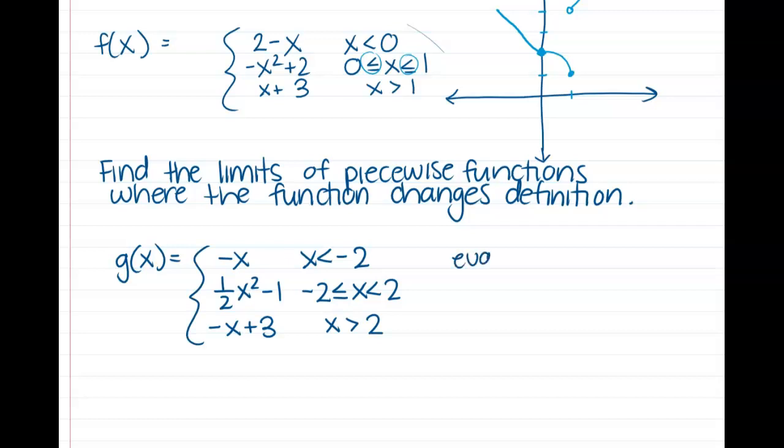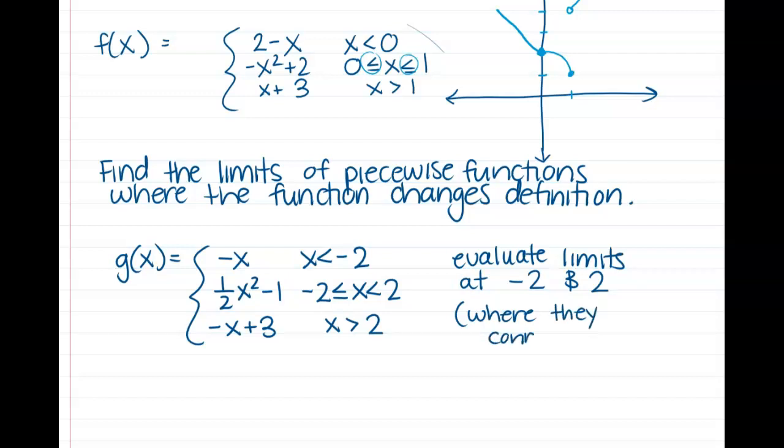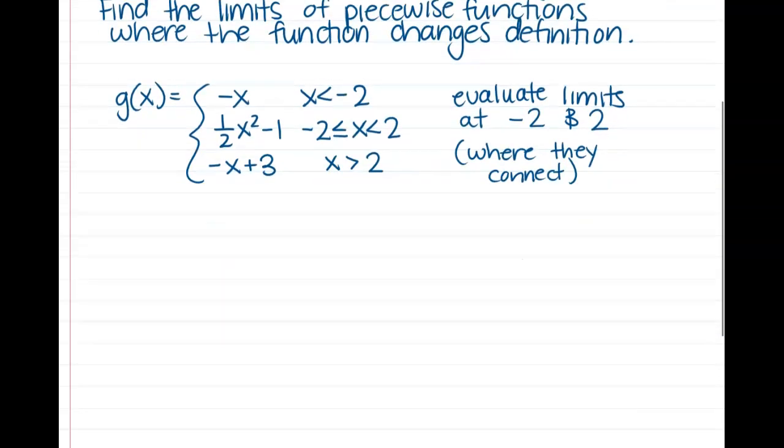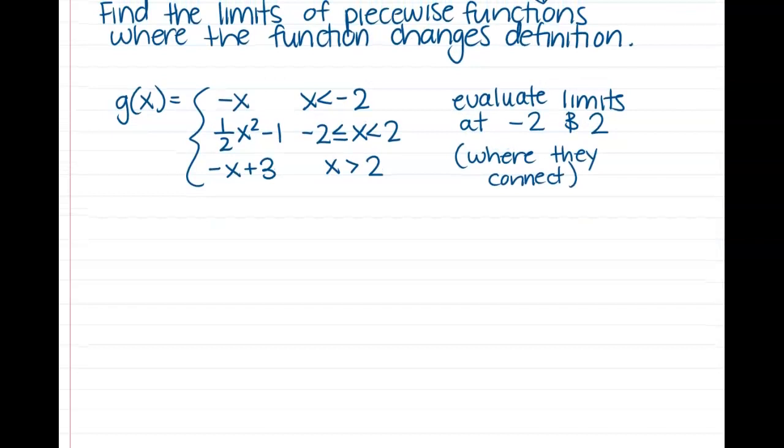And we will evaluate limits at -2 and 2, which is where they connect or don't connect, depending on whether a limit exists, right? But basically we're looking at these 3 different functions that are part of the piecewise and where the definitions change.